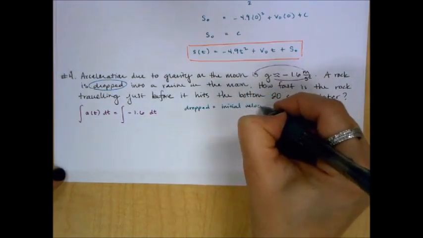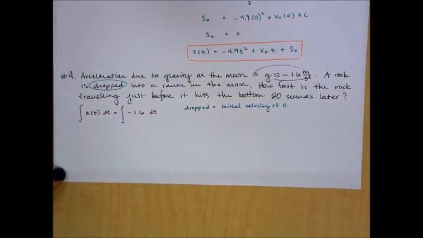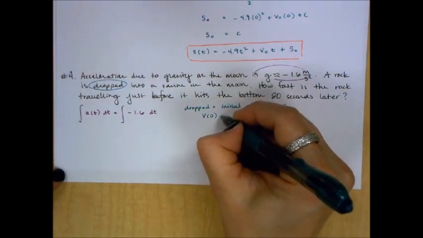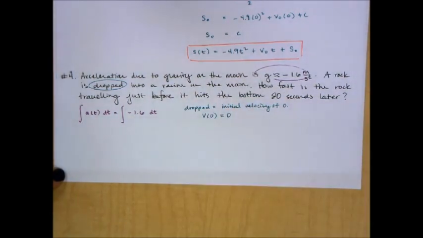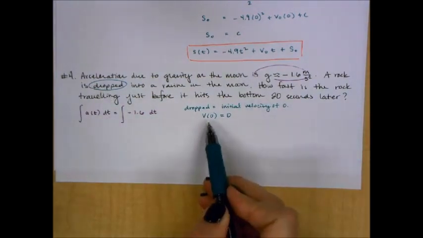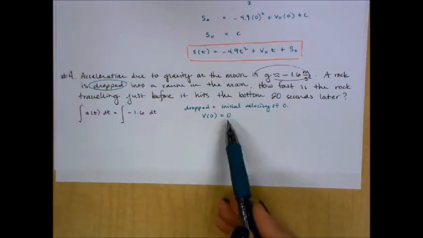What can I do with that? So this means that v of 0 equals 0. 0 is always really nice to work with, right? It makes things go away. It makes my function a lot simpler. So if something's dropped, it's really nice. So we have this velocity of 0 here at time 0. So it's just a coordinate pair that will allow me to solve for that constant when I integrate.